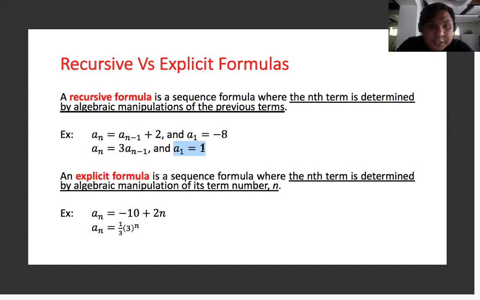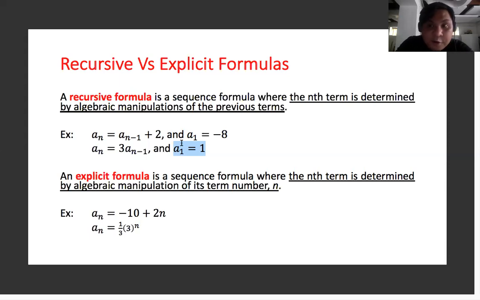For recursive formulas, it is important to define the earlier terms, usually a sub 1 and a sub 2. But if you do not define the rule based on more than one earlier term, then just defining a sub 1 should be sufficient.